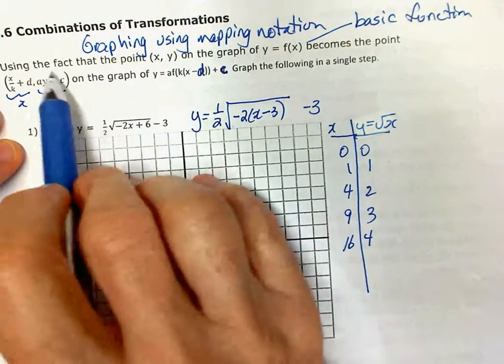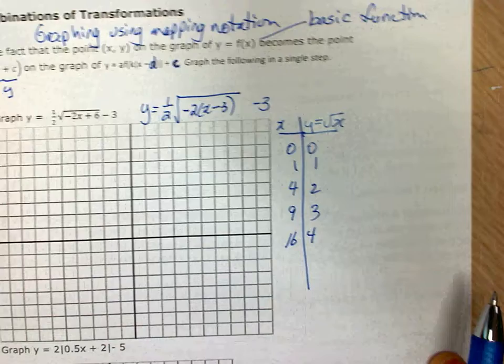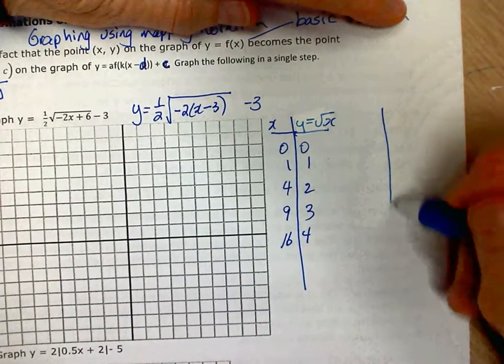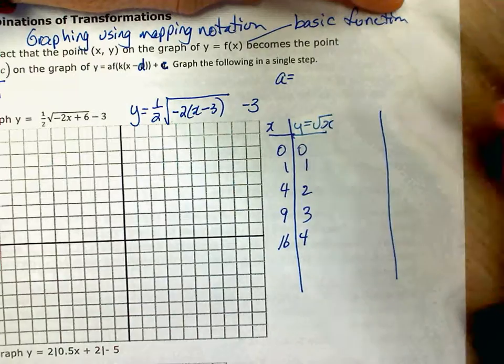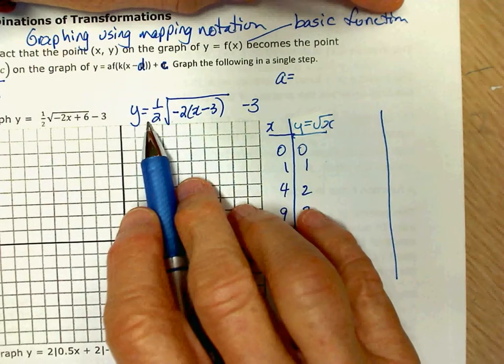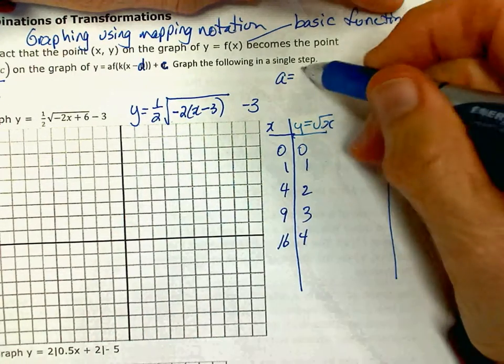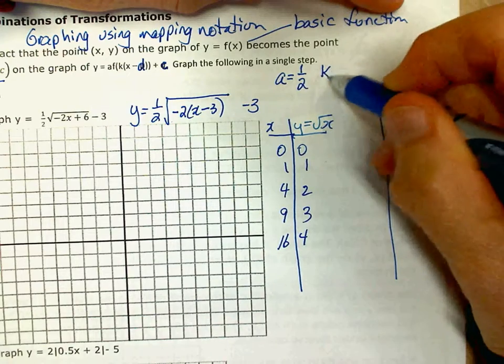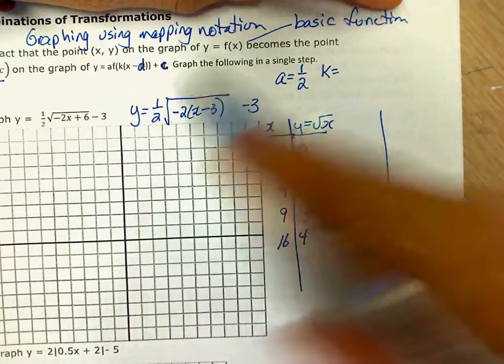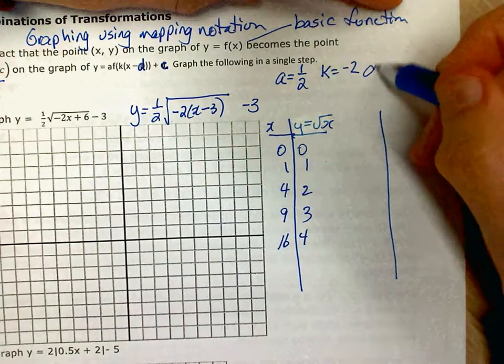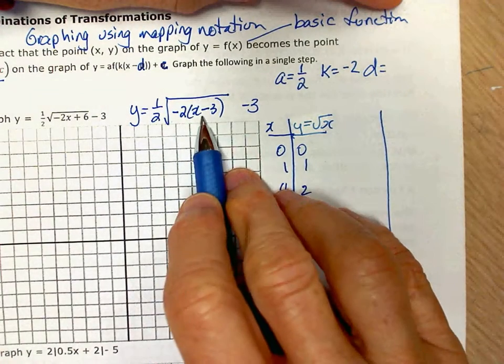So this is going to be, can you tell me what a is? What is a in this equation? What is k? Negative 2. What is d? 3. What is c?